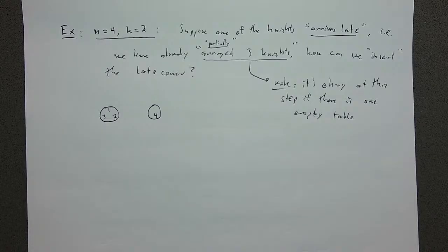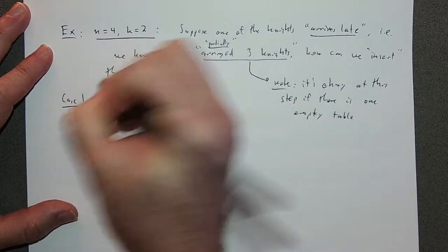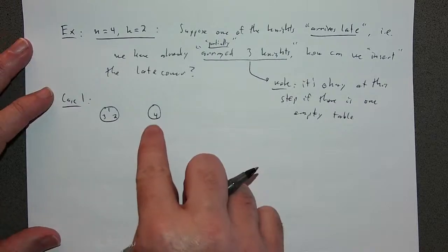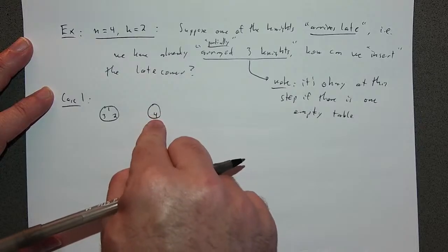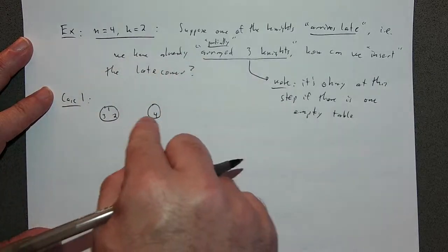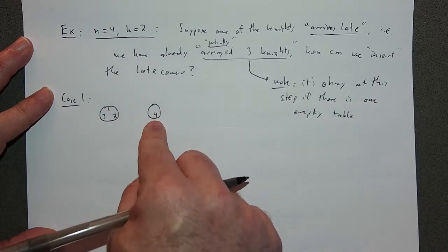Okay. So then what is the number of arrangements if this is the case? So we'll call this case 1. In this case, what is the number of total arrangements? Well, really, I'm forced to insert the 4th knight at this table. Okay? So the number of total different ways to do this, at that last step, I have no choice. I am forced to put the last knight at the empty table.